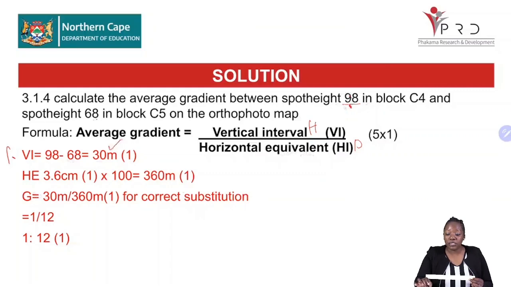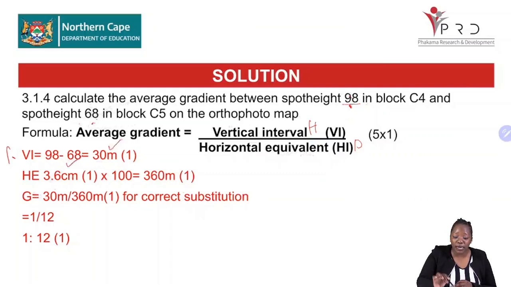And then you proceed to the next spot height 68. Again, you're not going to put it on the number 68, but you're going to use the dot so that you get the correct measurement.